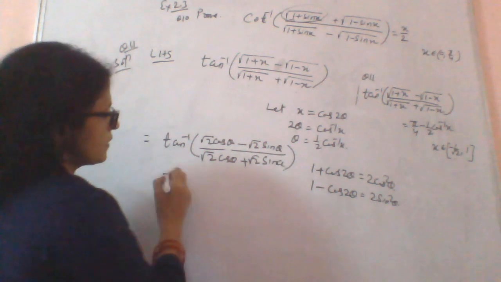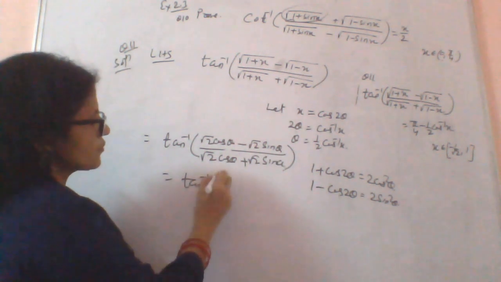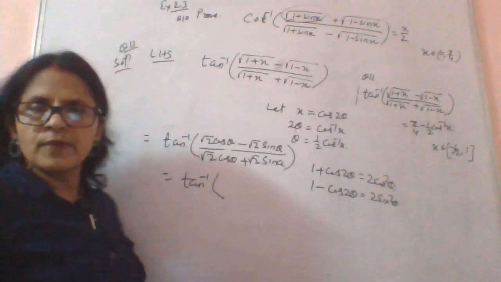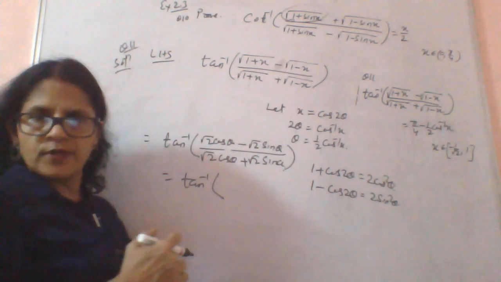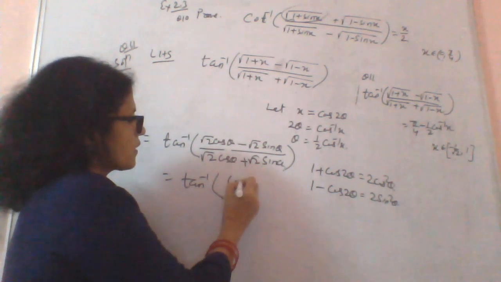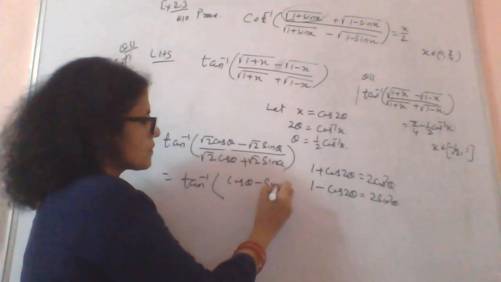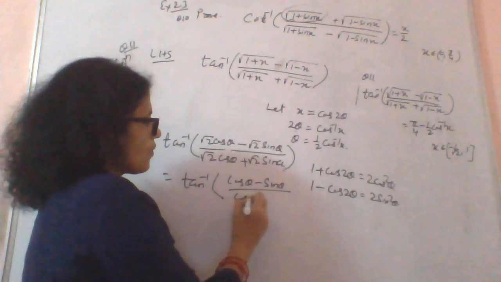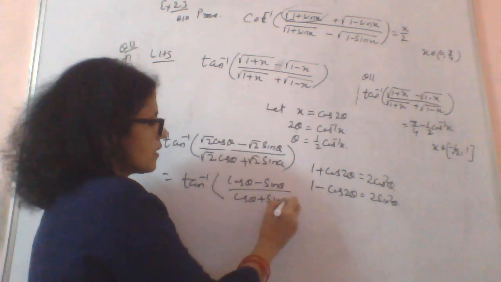You are getting like this. So tan inverse of root 2, you can divide both numerator and denominator by root 2. So you are getting cos theta minus sin theta by cos theta plus sin theta.